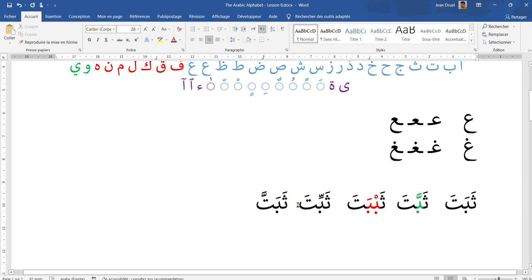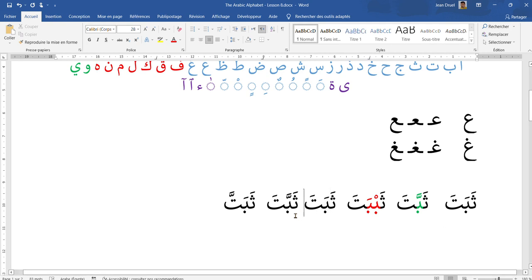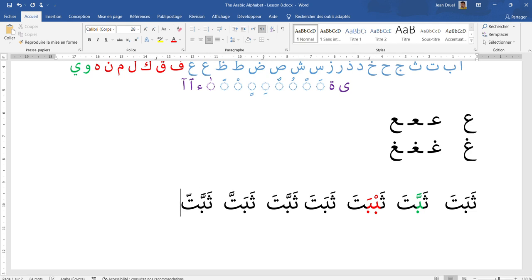So if I want to compare, I can do this minimal pair: sabata, sabbata, sabatta, and nothing forbids this one, sabbatta. So I have sabata, sabbata, sabatta, sabbatta. Now we're going to see examples, how to manipulate and pronounce the ʿayn, the ġayn, and the shadda.